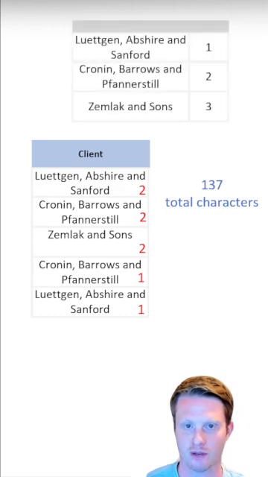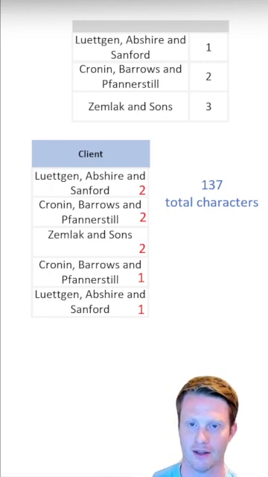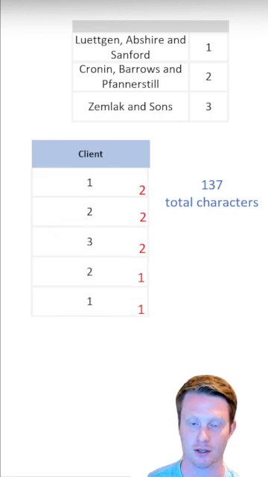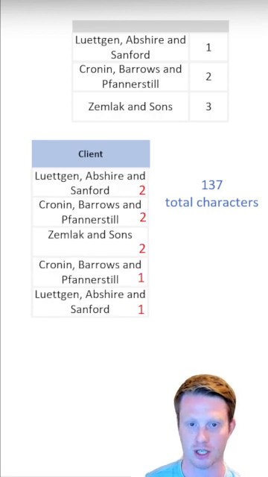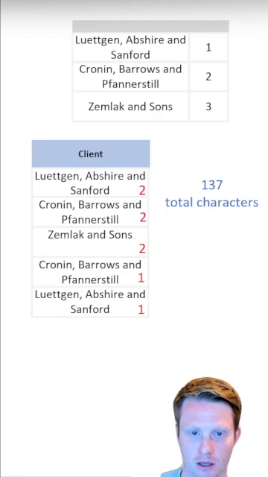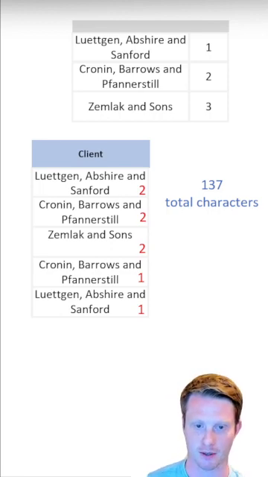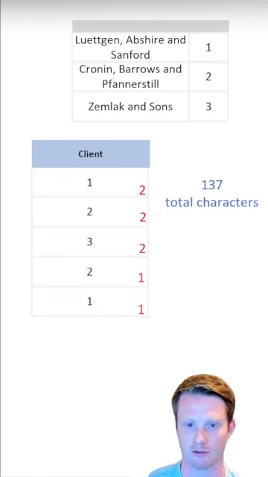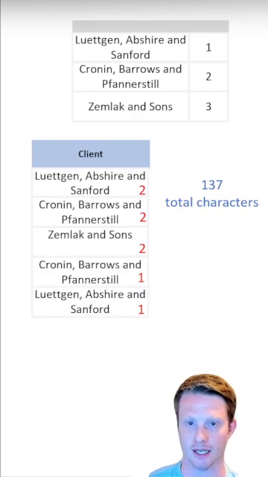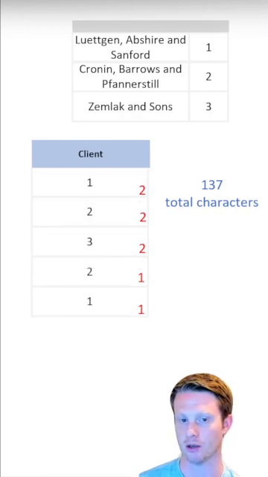So if I just take a distinct list, a unique list, and say all of the different values once, and then give each a key, just 1, 2, 3, I can actually replace the values in my column with this key. So you can see this top value, Lutegan, and this bottom value are the same, and this is number 1. I replace this with a 1, and the chronin is a 2, and I replace the chronin with a 2.